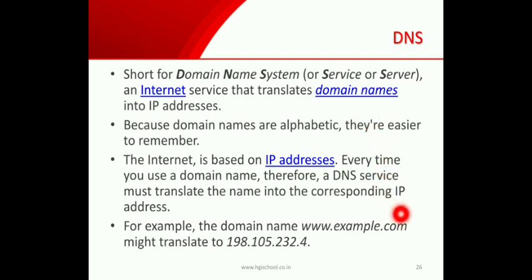For example, a domain name is given, just as an example, www.example.com. It might translate to some IP address. Here a dummy IP address is given, that is 198.105.232.4. I already told you these numbers vary from 0 to 255 separated by periods.